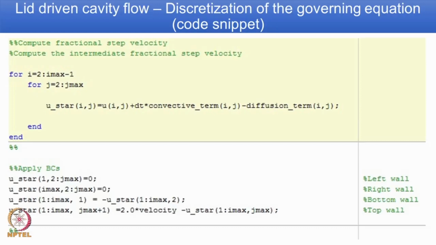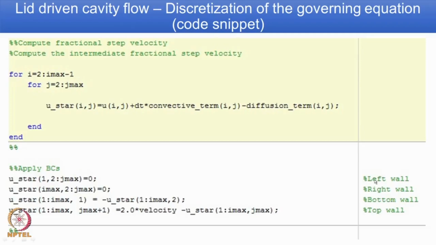the equation, we need to ensure implementation of boundary condition, and that is applying boundary condition u star on the left wall, u star 1 comma 2 to j max equal to 0, because we are following Dirichlet type of boundary condition. Using the primary variable, we mention u is equal to v is equal to 0 on all the 3 walls.